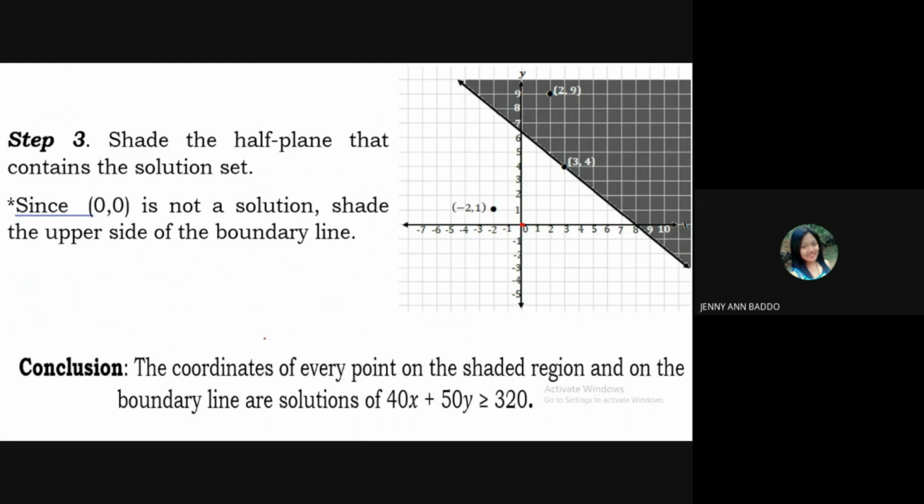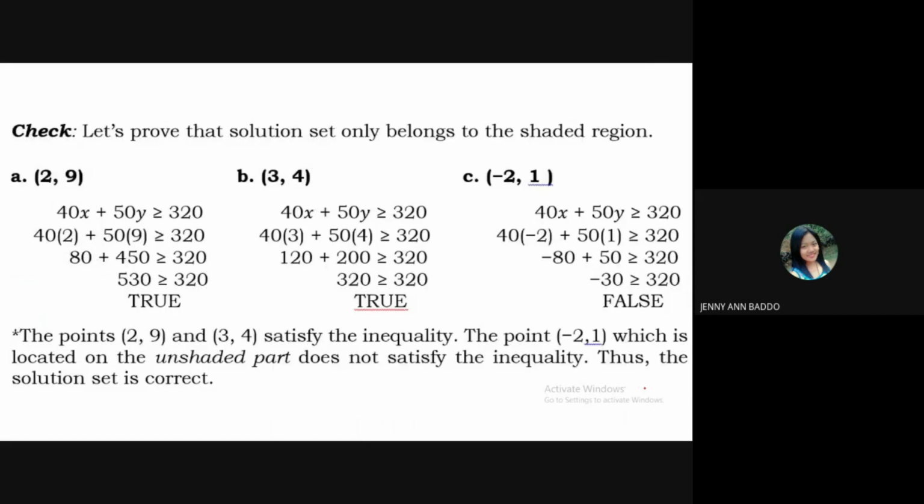Take note, the coordinates of every point on the shaded region and on the boundary line are solutions of the given linear inequality. Now, if you want to check your answers, you can easily do that by substituting the values for x and y into the given linear inequality.